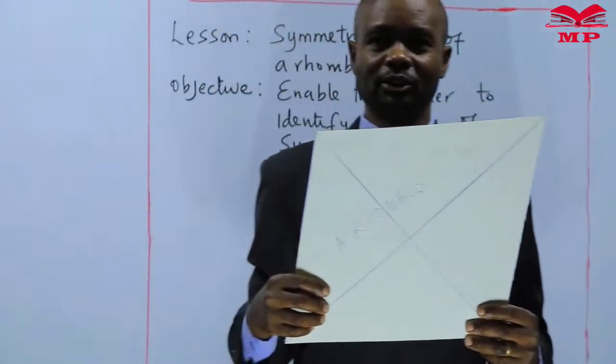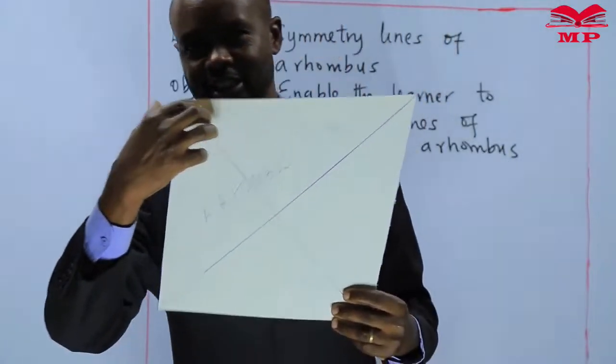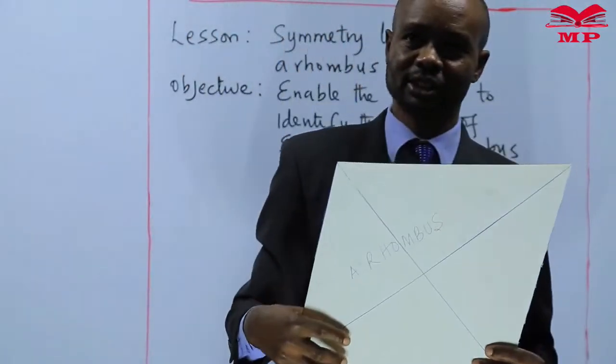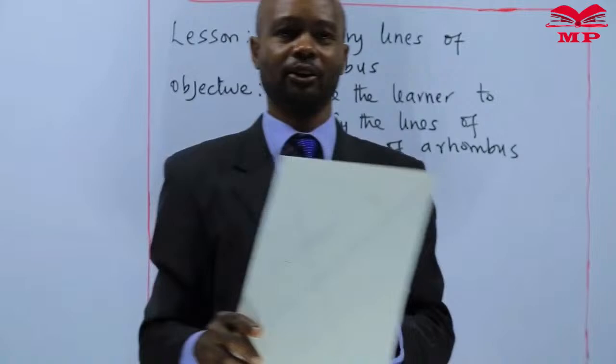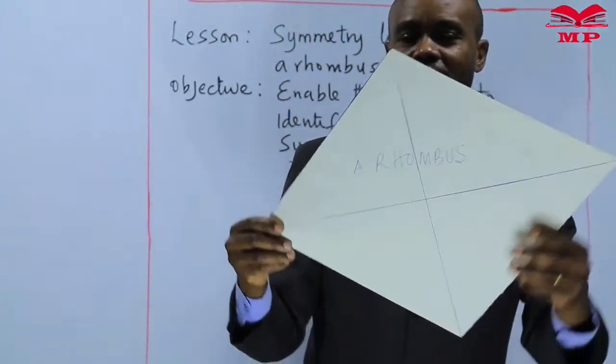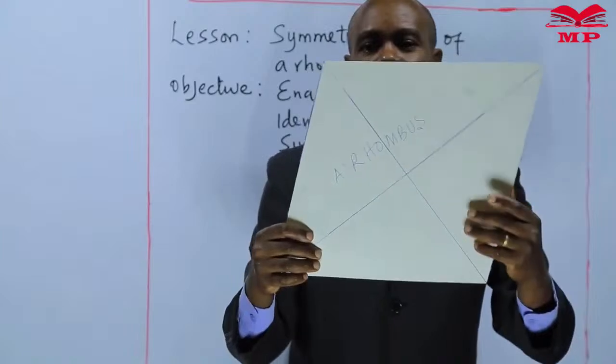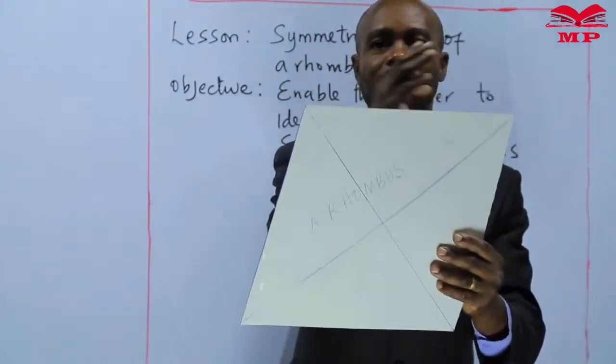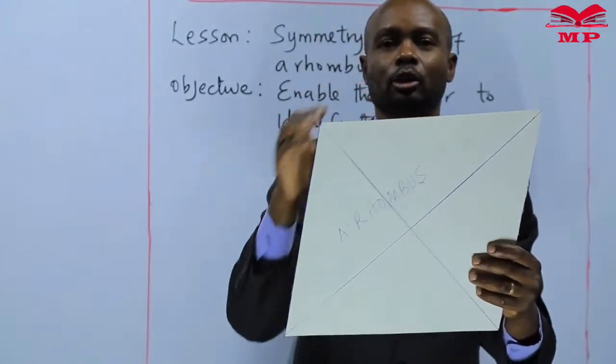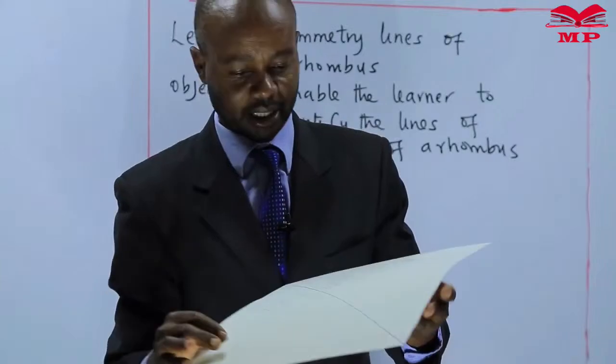But a quadrilateral with right angles at the four corners will either be a square or a rectangle. So in this case, we have that quadrilateral. We call it a rhombus because all the sides are equal and the opposite sides are parallel.